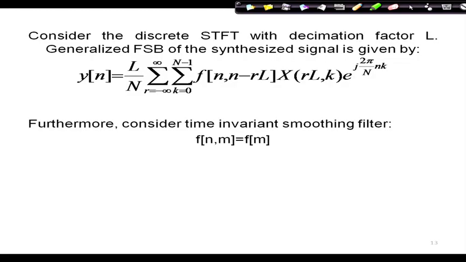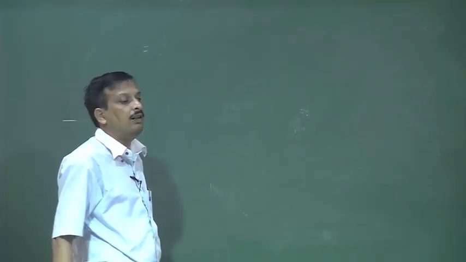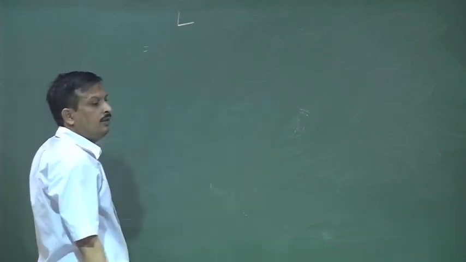Okay. Now, I consider a discrete STFT with decimation factor L. Okay. Forget about this part. Let us consider I have a signal and I shift the frame by factor L. So, the time decimation factor is L. Okay.